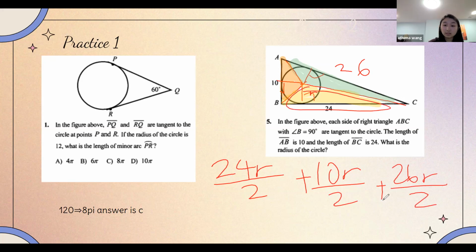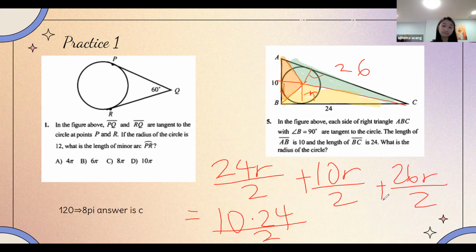This should equal the area of our entire triangle, which is 10 times 24 over 2. Now if we add all these together, we get 60r over 2 is equal to 240 over 2. So then we have r equals 4 again.